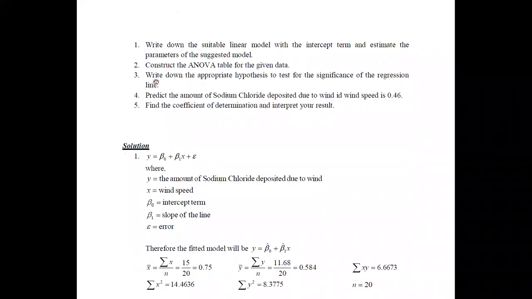And here are the questions they are asking. Write down the suitable linear model, including the intercept term, because in some models the intercept term may not be included. Estimate the parameters of the suggested model, construct the ANOVA table and write down the appropriate hypothesis, and predict a value where the wind speed is equal to 0.46.